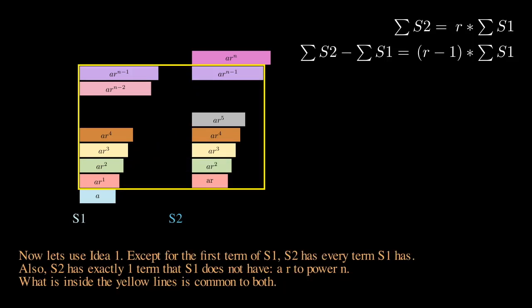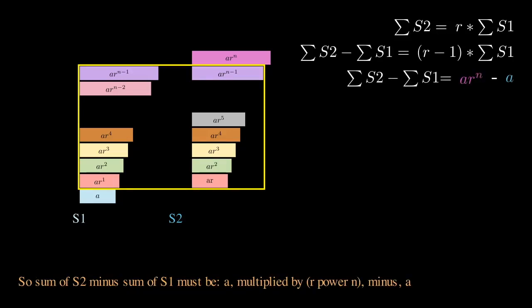Now let's use idea 1. Except for the first term of S1, S2 has every term S1 has. Also, S2 has exactly one term that S1 does not have, ar to the power n. What is inside the yellow lines is common to both. So the sum of S2 minus the sum of S1 must be a multiplied by r to the power n, minus a.